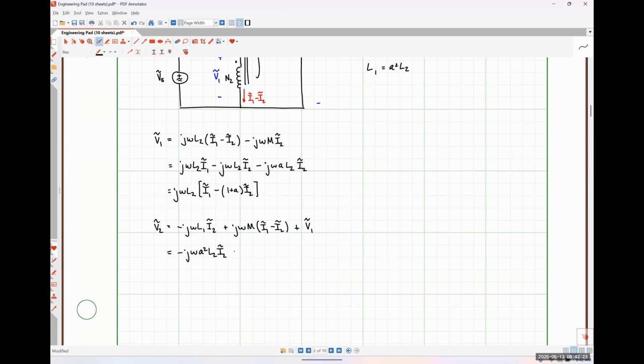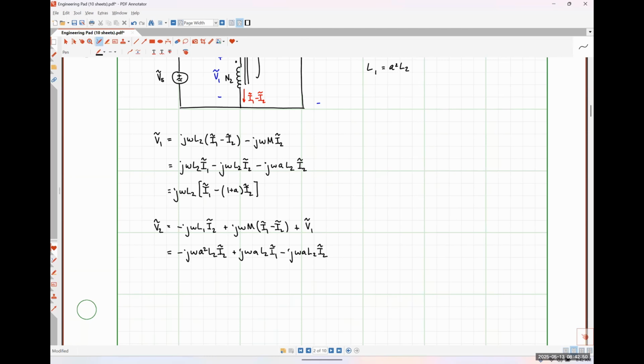Then plus j omega, wherever I have an M, I can replace that with A L2, times I1, and then minus j omega A L2 I2, like so.